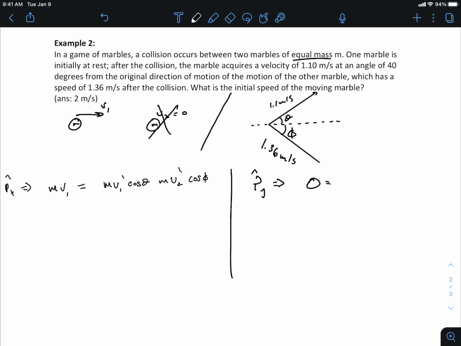And then we can say, okay, well, that's equal to, I'll write it generically, m1, same mass, m v1. You get used to writing things in a particular way, and then you just end up writing them. And then we have to add in the momentum from the one, m v2 prime sine phi.